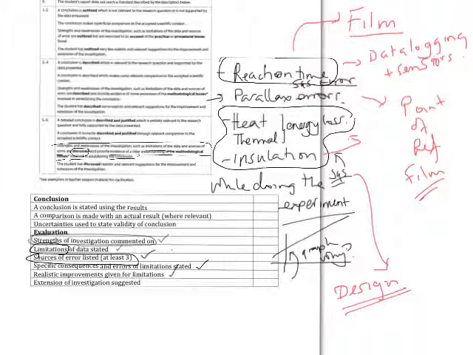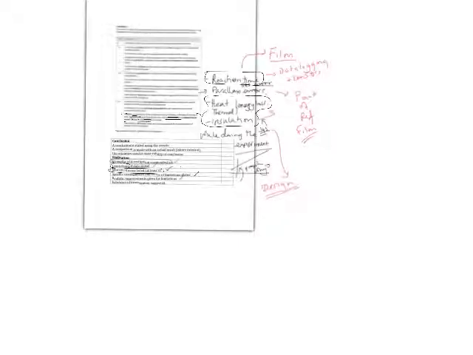Now, the extension of investigation, that's something you would add, but more for your real internal assessment when you're investigating. In what way could you pursue your research question further? In fact, this is the whole premise behind scientific investigation. You have a research question which fuels a hypothesis, which you do an experiment to prove or disprove, and then what that does is develop a research question again.